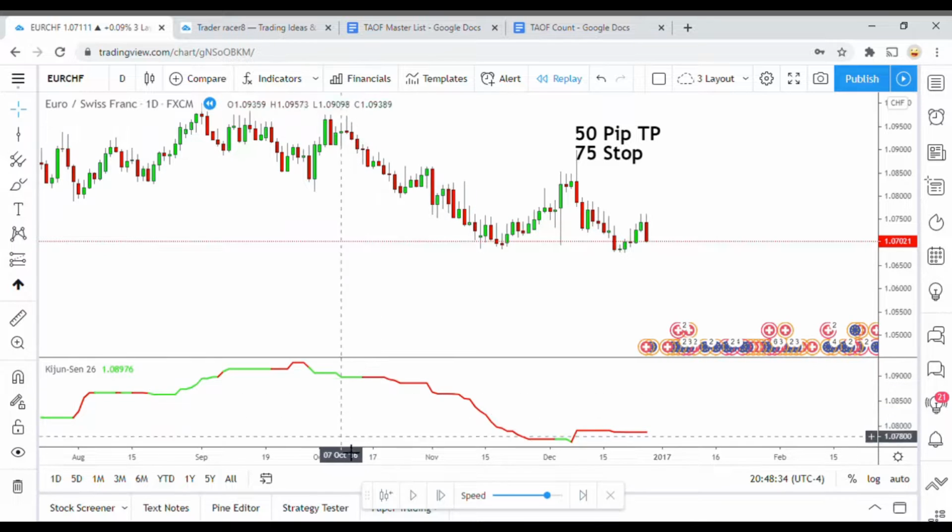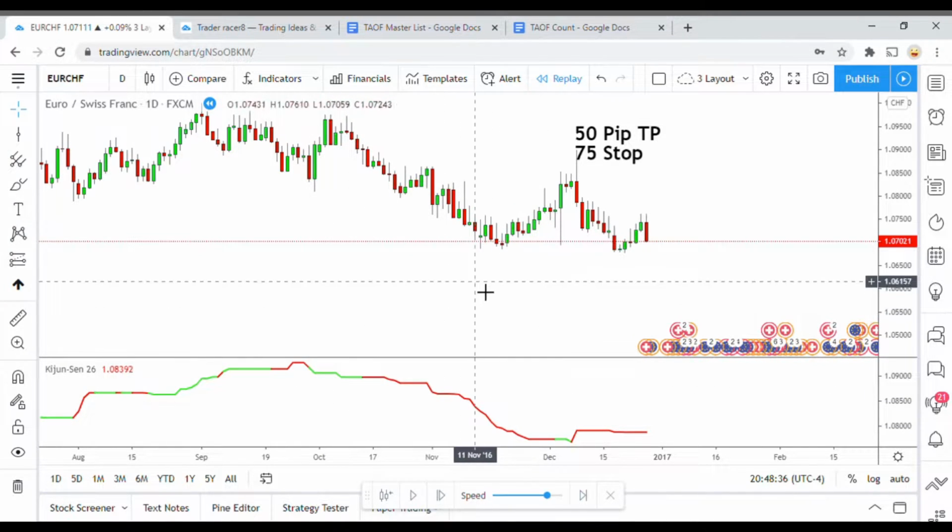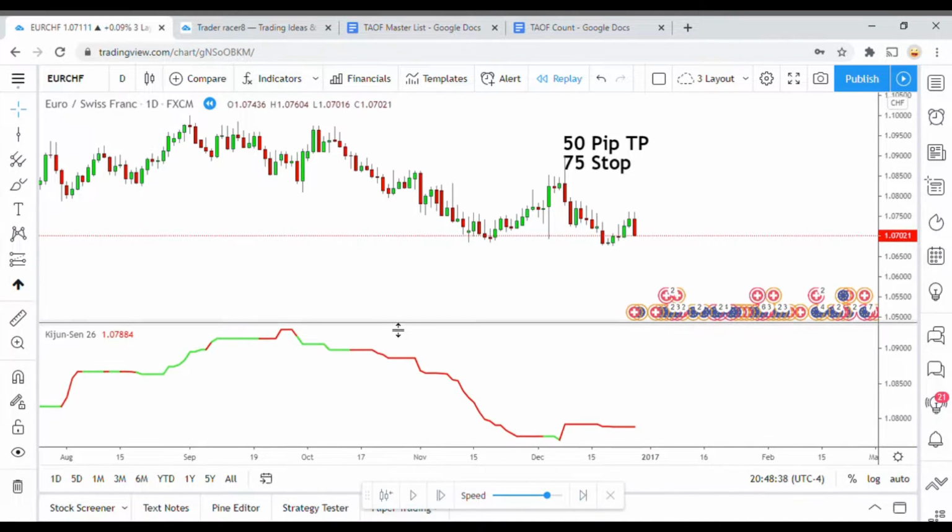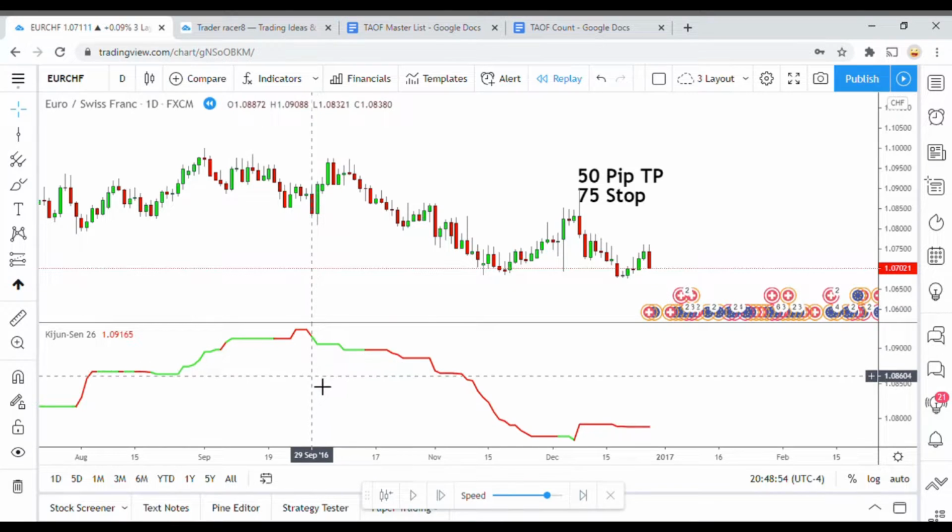So what I do from time to time is I will try to project them down to the pane below, and that way it gives us a little bit better visibility to see what is going on with the indicator itself.